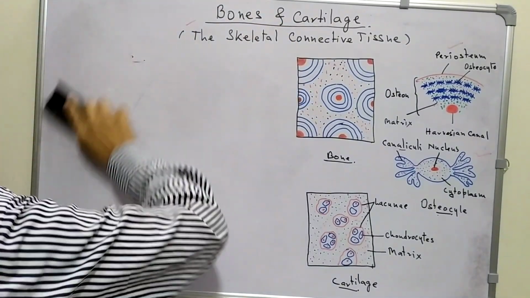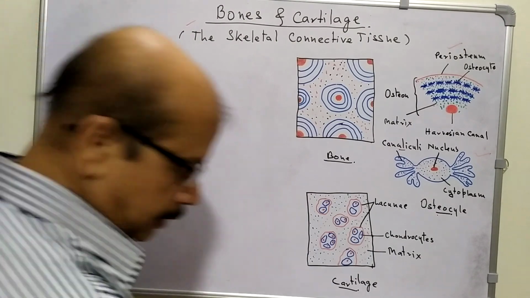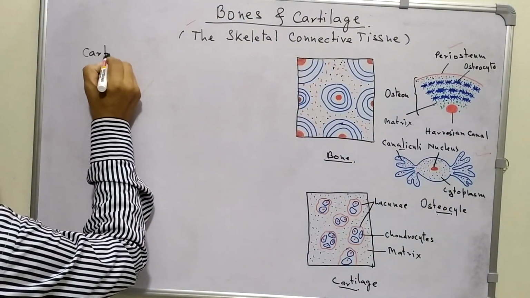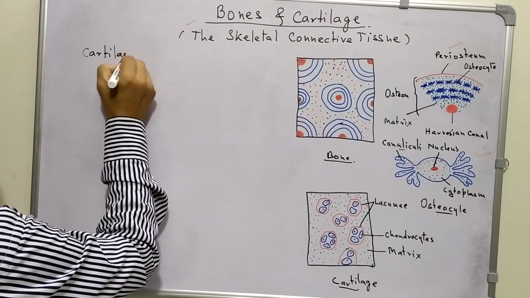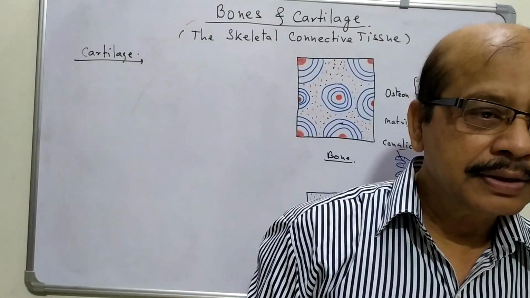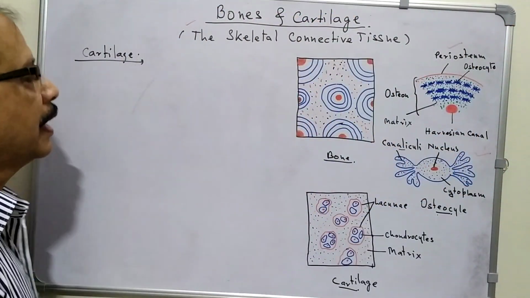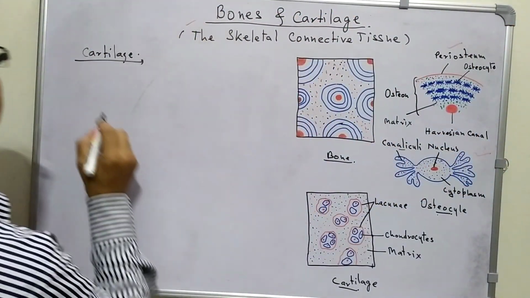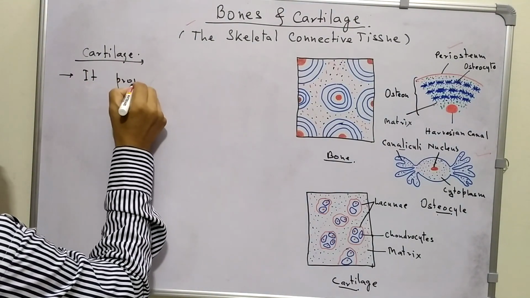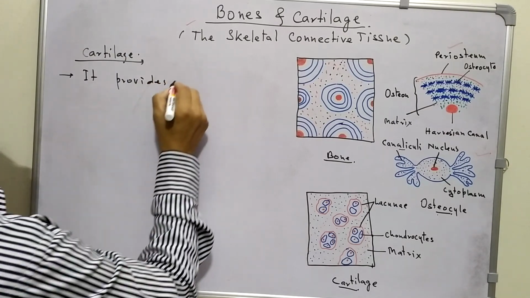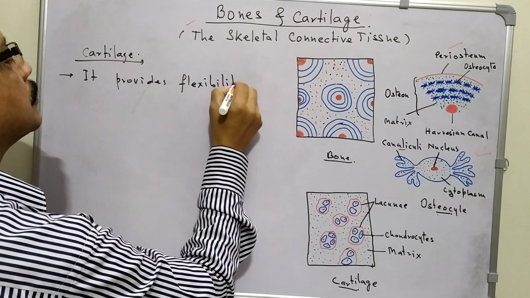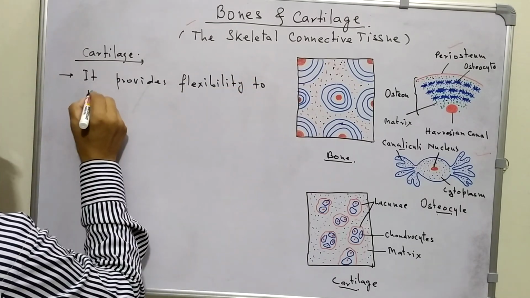Now the cartilage. Cartilage is the second part of the skeletal connective tissue. It provides flexibility to the body.